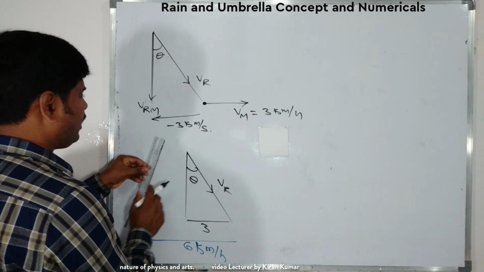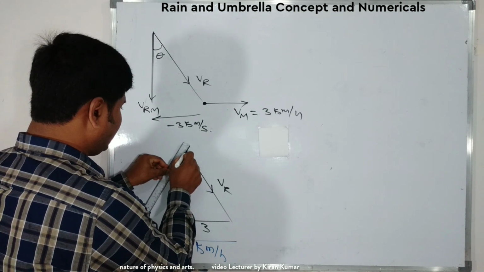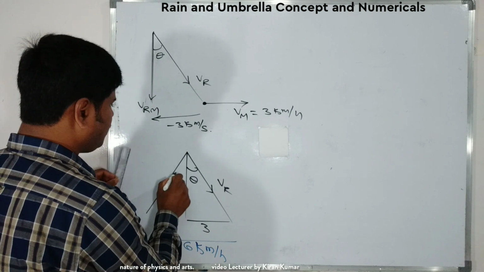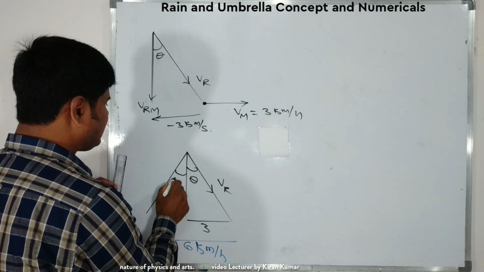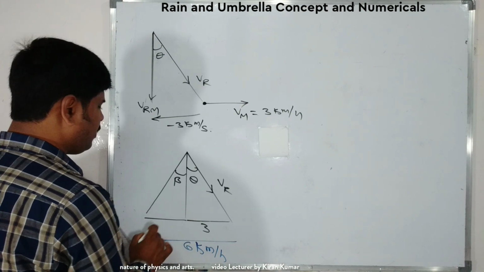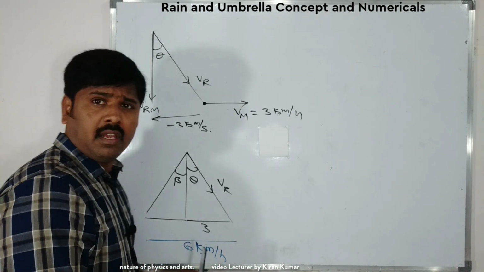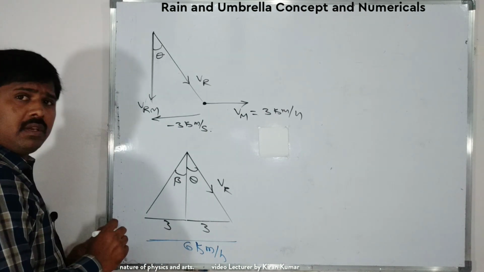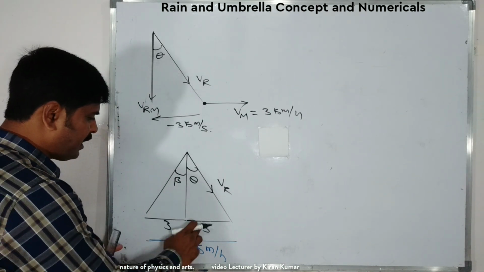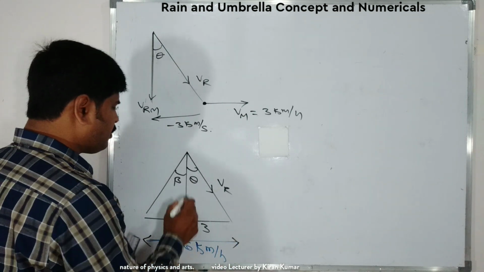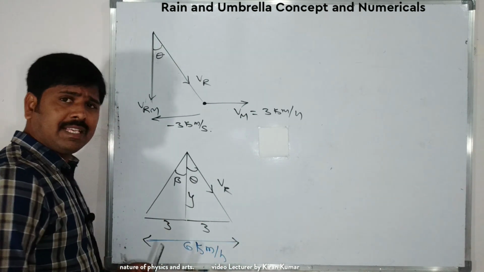In this situation, the resultant direction of the umbrella with respect to the vertical is taken as beta. Okay, so this is also how much? Just increased double. That's why this value also must be 3 only. Try to understand. 3 plus 3 is 6. Okay, so this vertical value is taken as y.